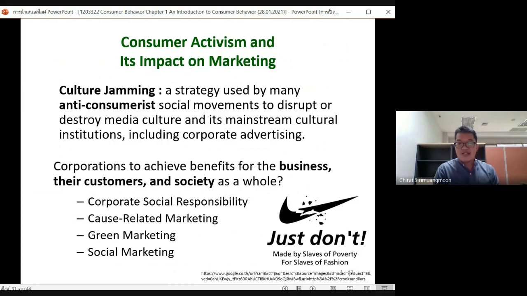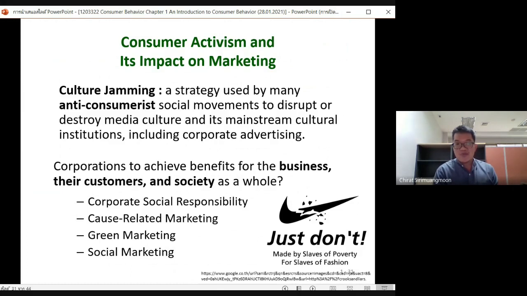They think people shouldn't consume that much, and it might affect other things too, like society and the environment. Like here, the Nike logo: normally they have the words 'just do it', but here they have 'just don't'.